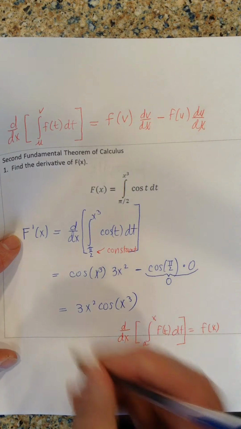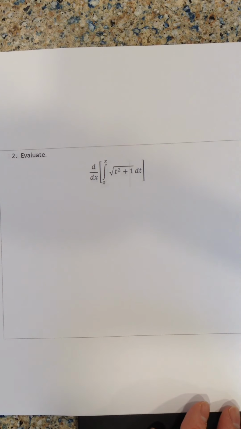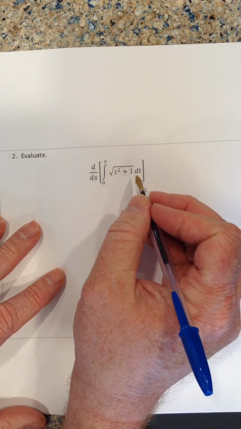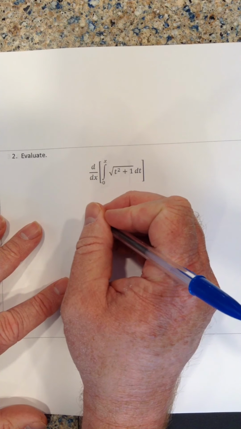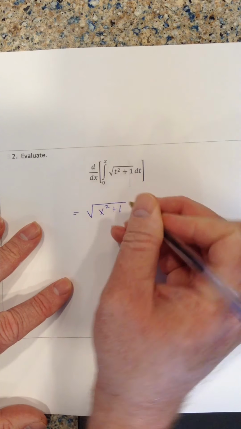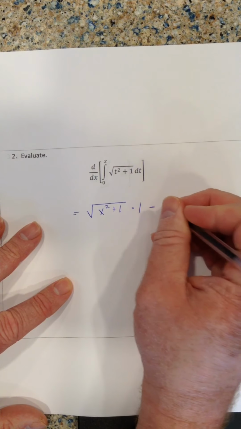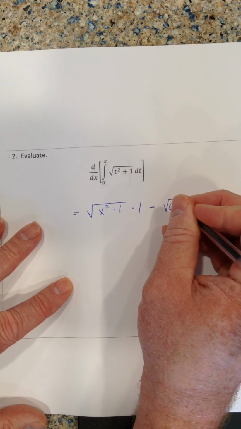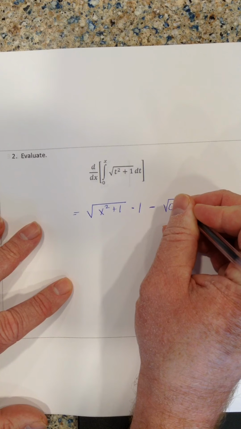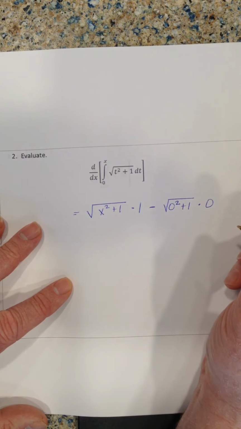Okay, so let's try another problem. I want to evaluate this. So I get the original function back times the derivative of the inside, minus plugging in zero and times the derivative of 0, which is a constant, is just 0.